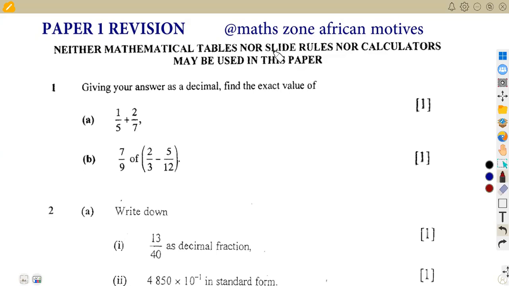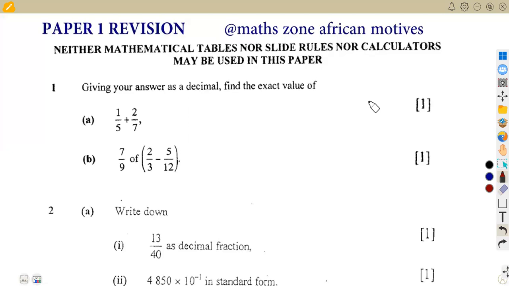No problem. It's okay. So we're given the first part: giving your answer as a decimal, find the exact value of these two fractions. We are just applying our normal addition.